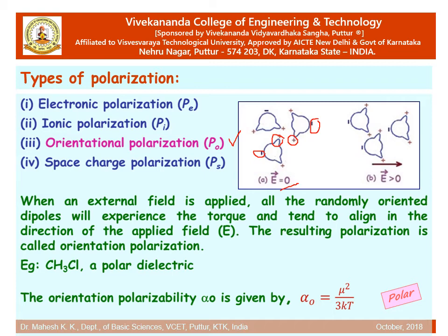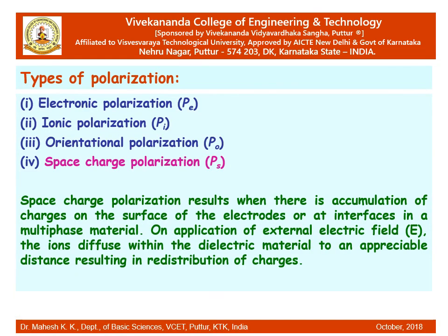But during the application of the field in the direction as you could see, all the positives are going to be oriented towards the electric field and all the negatives are shifted to the left. That means the orientation is going to change. Orientational polarizability is given by alpha naught equals mu squared divided by 3kT.